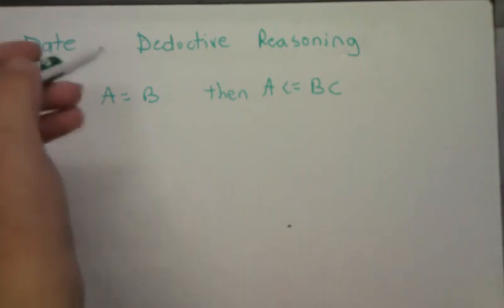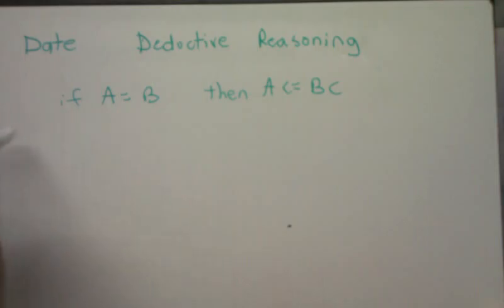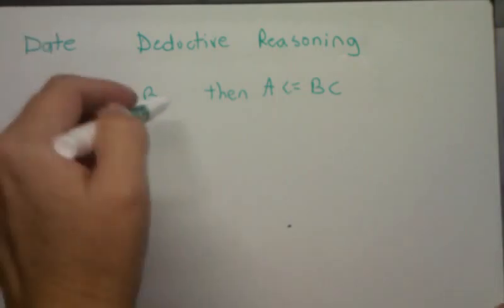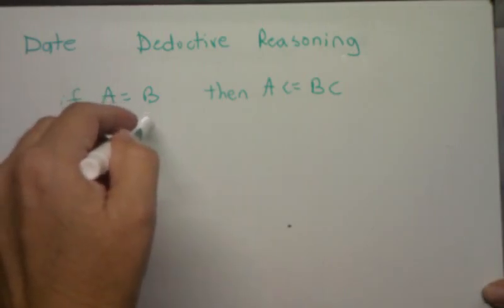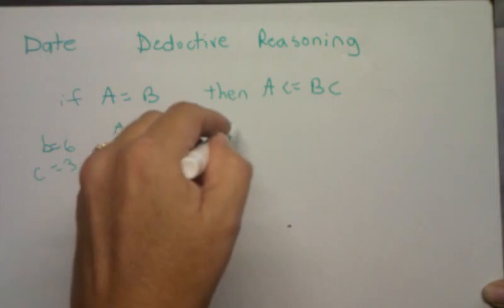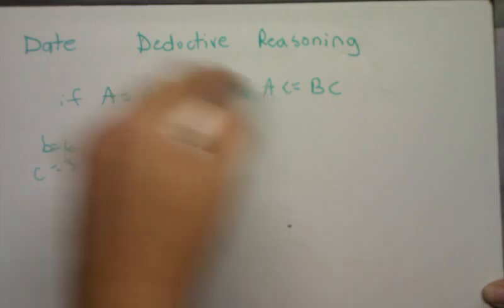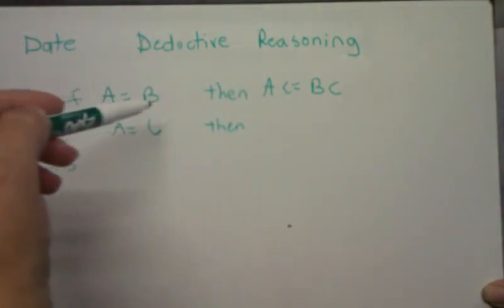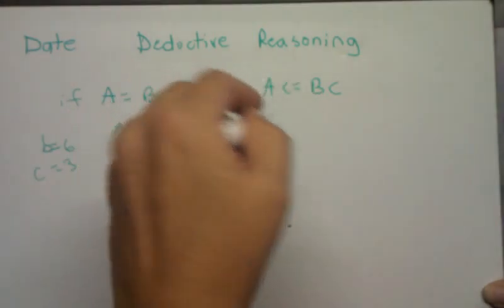Now if I say B equals 6 and C equals 3, the conclusion is, well, B is 6, then AC equals BC.